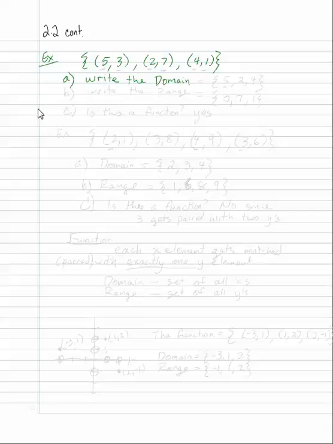So the domain is the elements that are in the first set. When you see it as a set of ordered pairs, the domain would be just the x values. So the domain would be 5, 2, and 4. Okay, so the range would be the y values, so it would be 3, 7, 1, or the set of second elements.